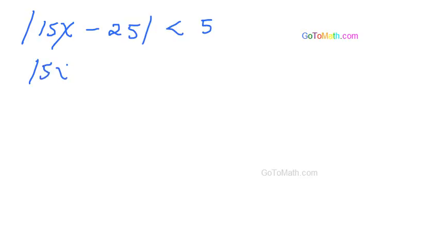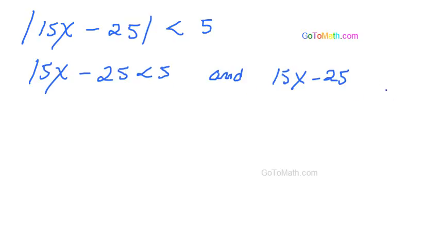We've got 15x minus 25 is less than 5, and then remember this is going to be an and, because it's pointing, think of this as the head of an arrow and it's pointing that way. So dropping the absolute value bars, we have 15x minus 25, flipping the inequality and making that negative.